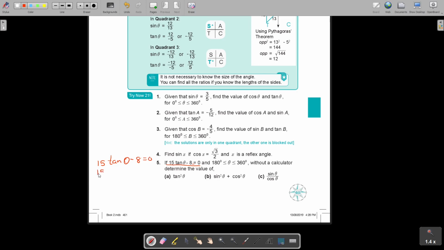So 15 tan theta is equal to 8. I take the 8 over, isolating tan theta, and then I divide by 15 and I divide by 15, and I get tan theta is equal to 8 over 15. And now I can start doing exactly. I just wanted to show you that step. Okay.